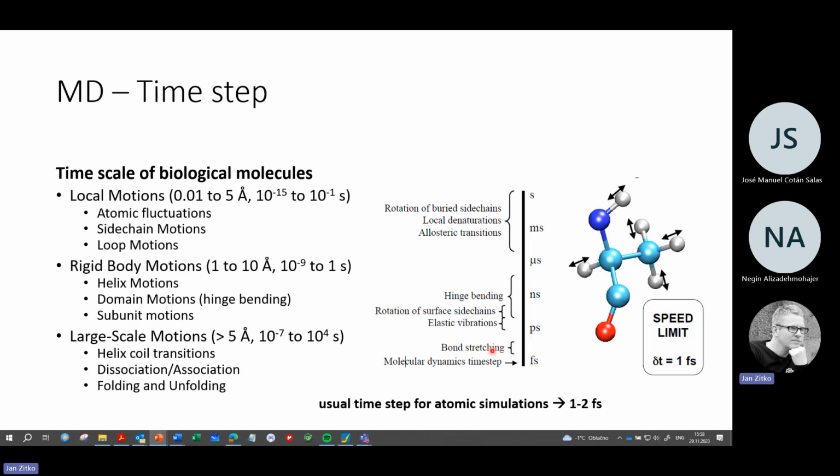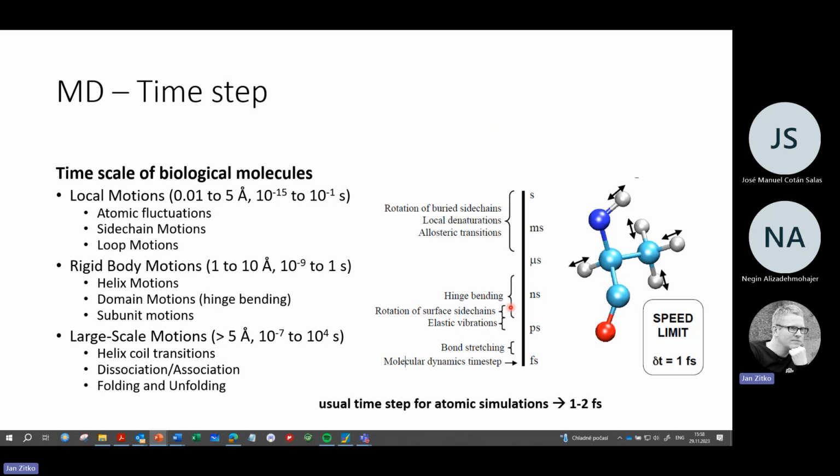So if you want to cover these, and if you want to know something about bond stretching, your step, your delta t, has to be just below or at the femtosecond level, so you have a good enough resolution.